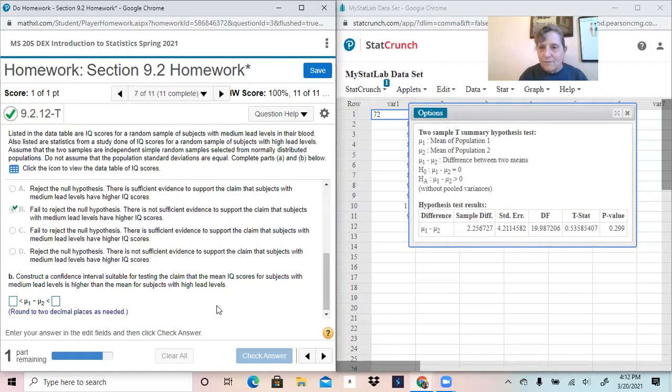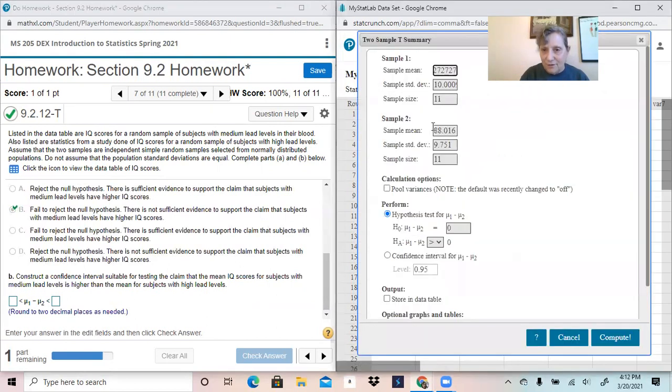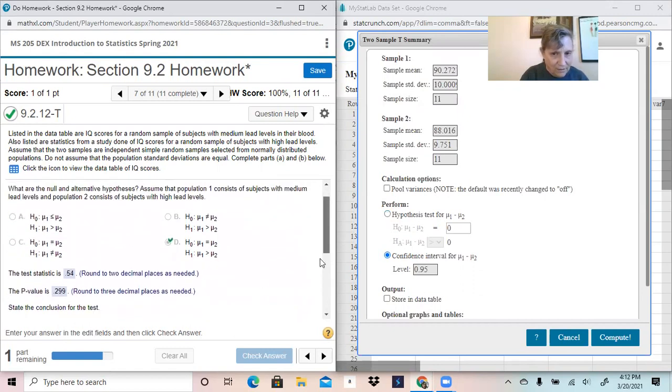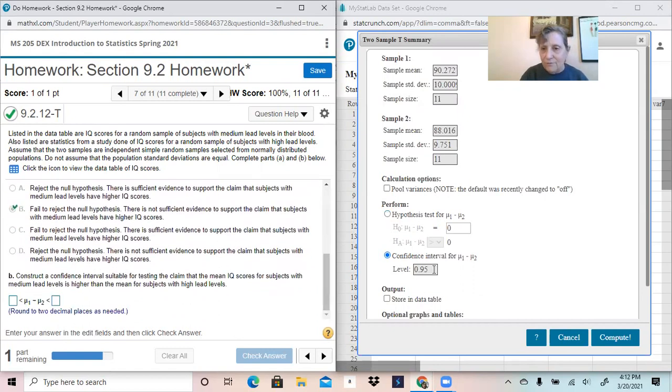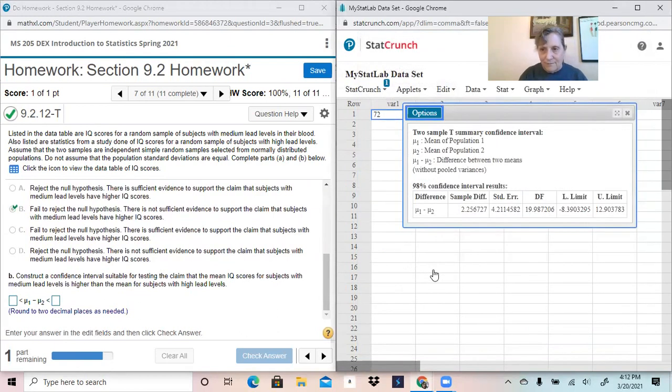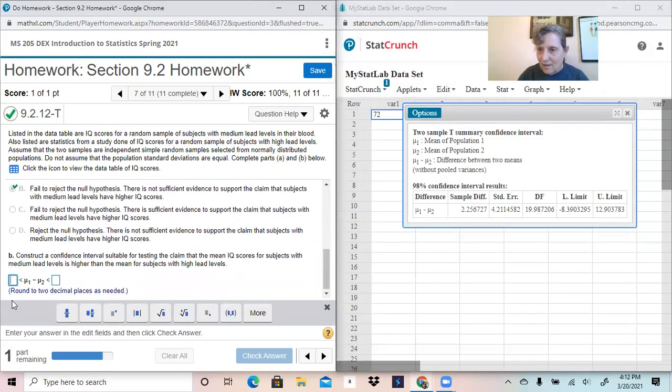Confidence interval. This is a one-tailed test. So again, when we switch to the confidence interval, we have to double the alpha, which was 0.01. So make that 0.02 from 1 is 0.98. Lower limit here is 0.839.